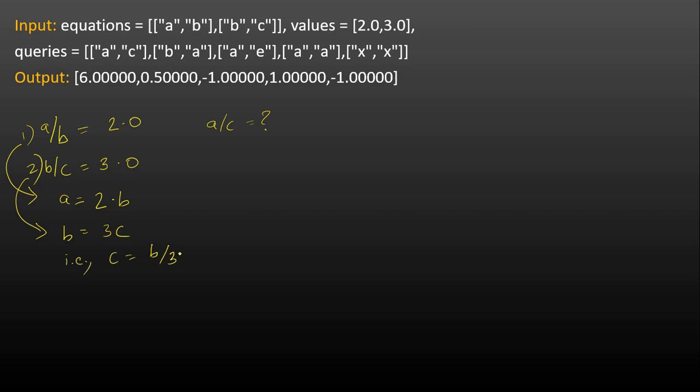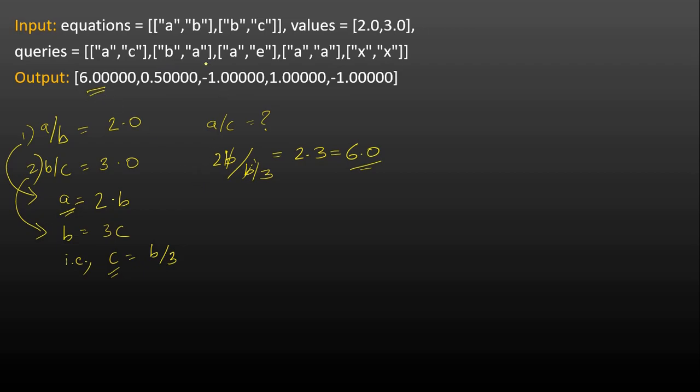So let's replace those values of a and c in our equation. a is nothing but 2b and c is b by 3, which is nothing but b into 1 by 3. So b and b get cancelled. So 2 upon 1 by 3 is equal to 2 into 3, which is equal to 6.0. So my first output is 6.0.